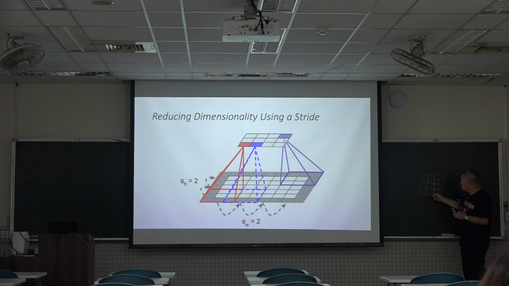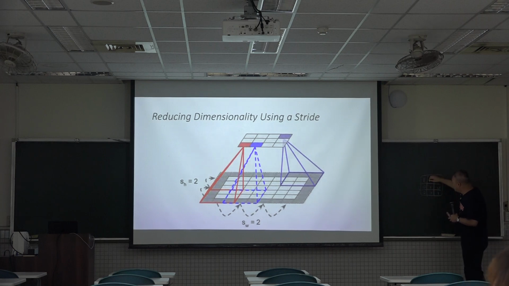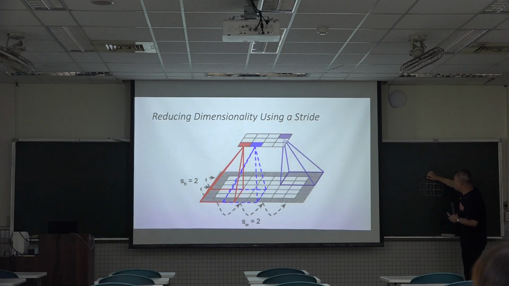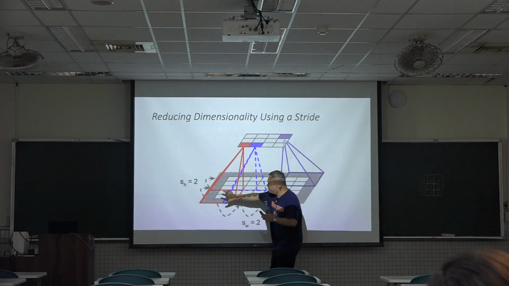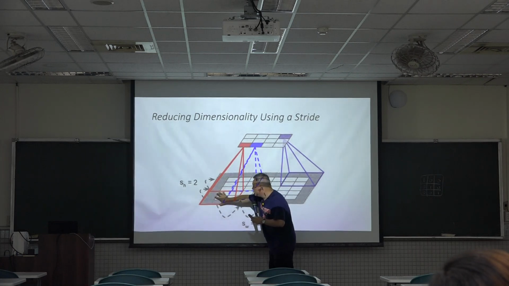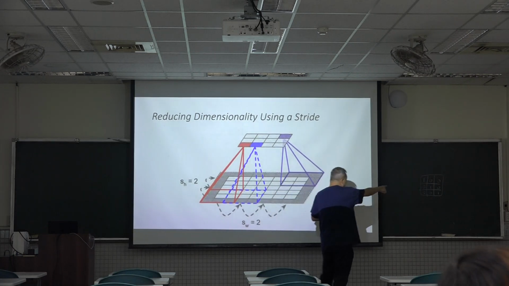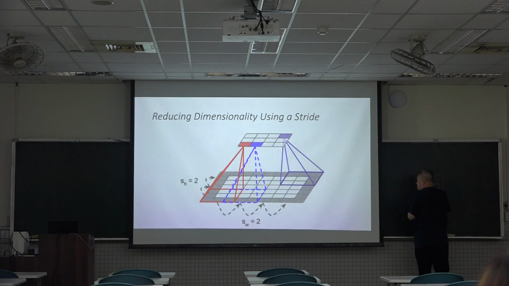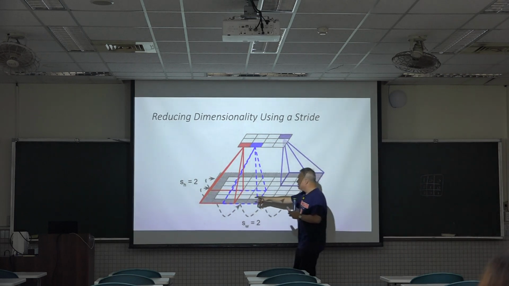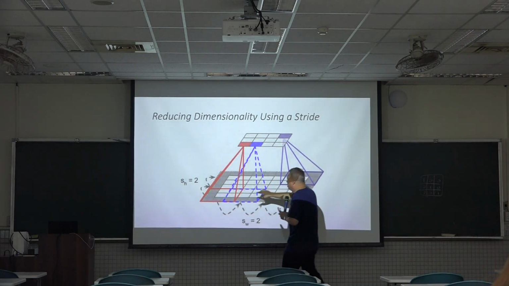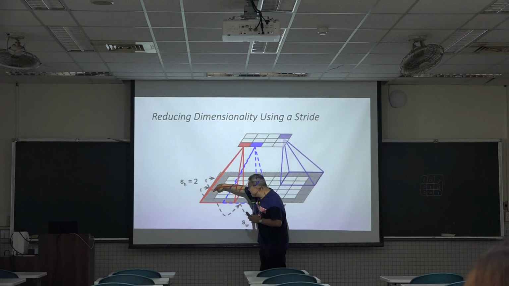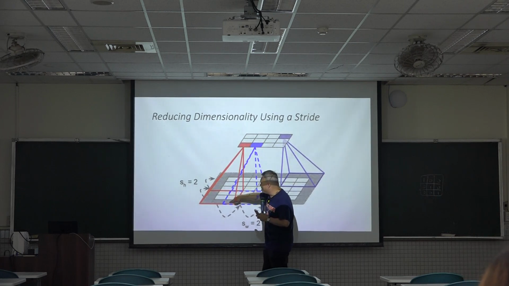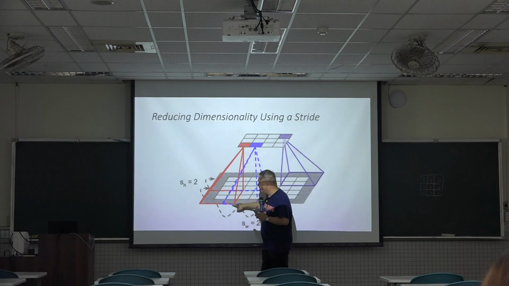So this is a 3 by 3 filter, and you multiply this to the corresponding location here. For example, when you multiply with this one, you are going to get this value plus this value plus this value, the diagonal one.